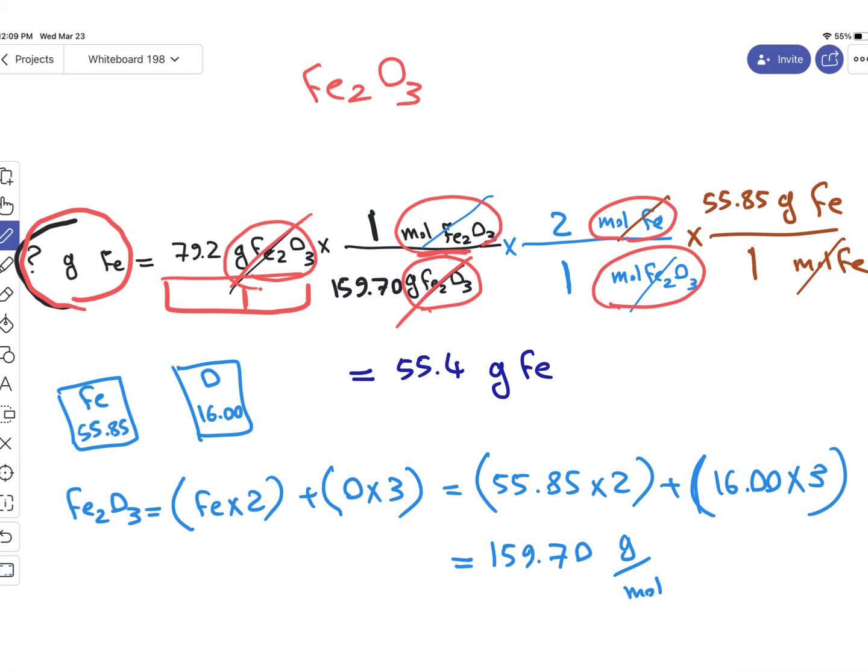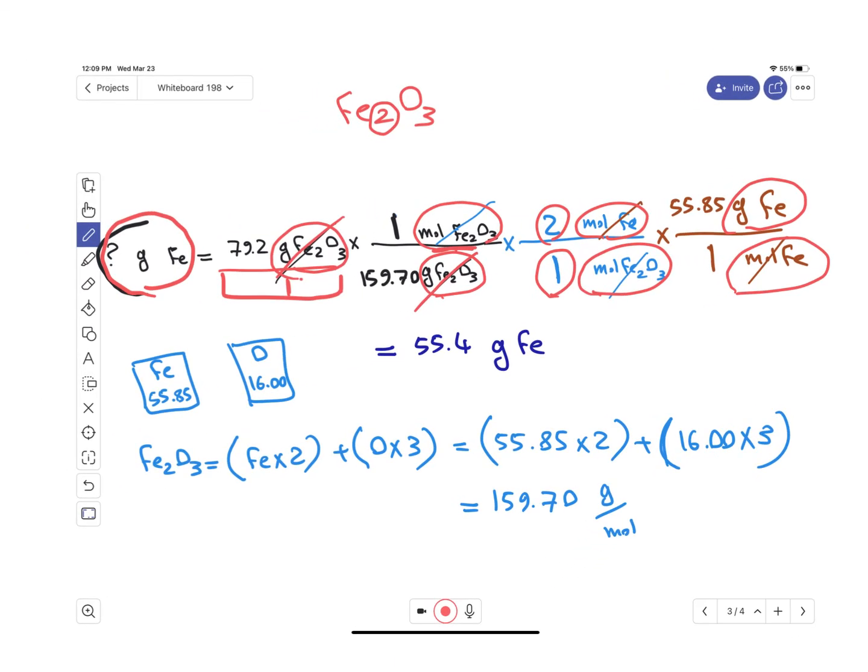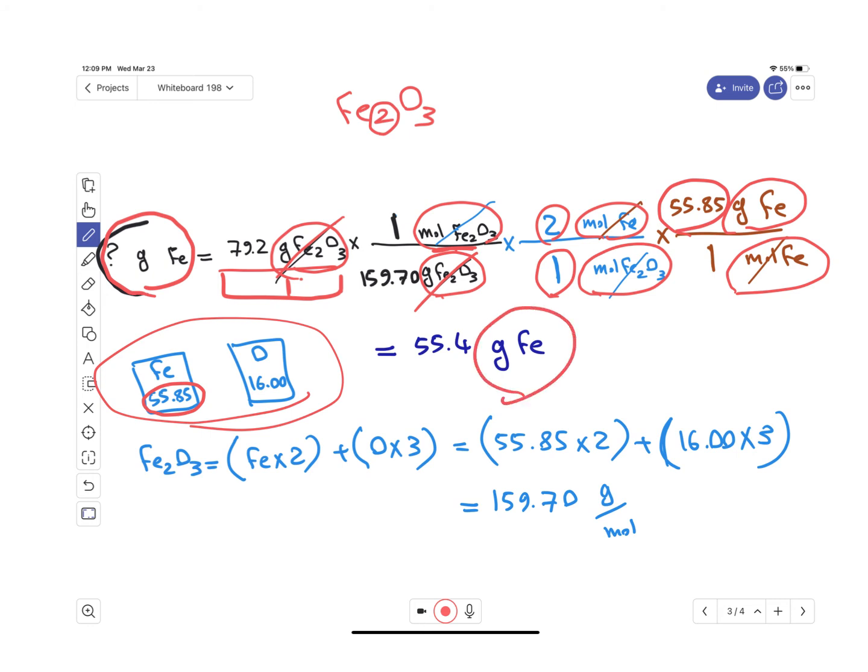It tells you that 1 mole of this compound has 2 moles of iron in it, right? And finally, you convert moles of iron to grams of iron with molar mass. I also have these written here for better demonstration. You know that 1 mole of Fe has a mass of 55.85. And then you do the math and find grams of Fe. Is that clear?